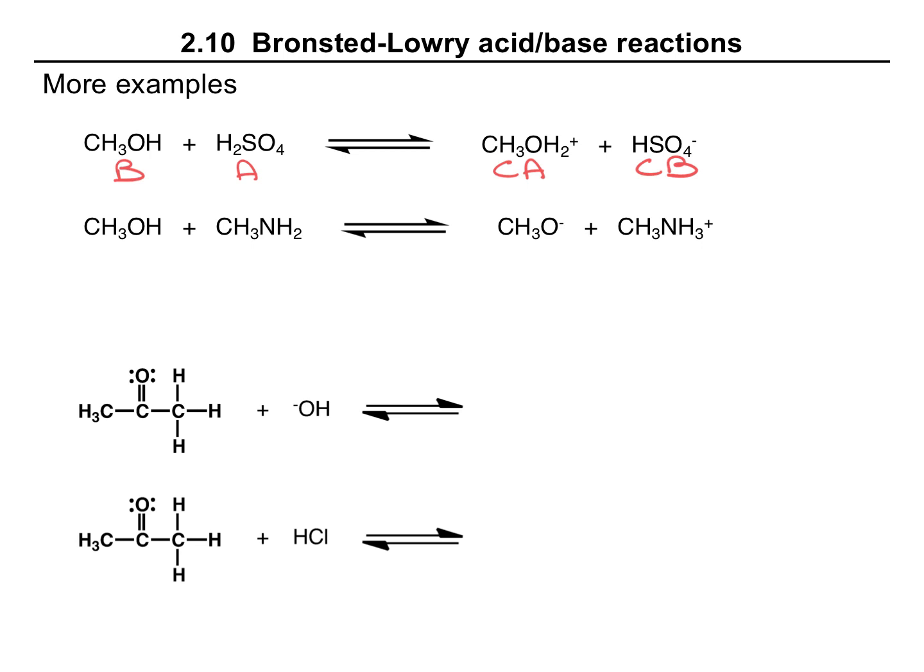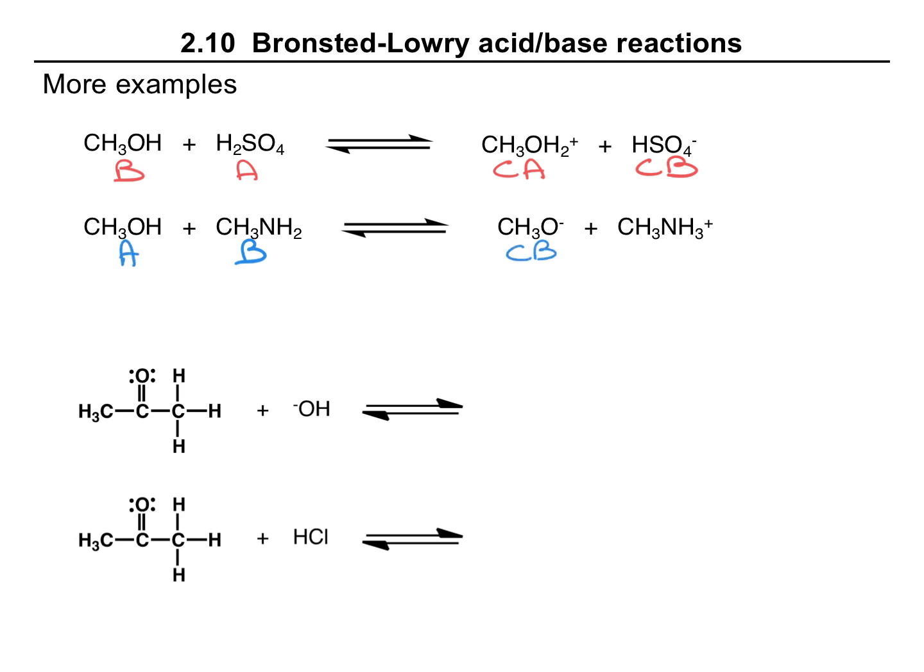In our next example, we are again using methanol, but this time we are reacting it with methylamine. We have the nitrogen here, and the nitrogen is going to act as the base. This is going to grab off a proton from methanol, resulting in methoxide, CH3O-, and the methyl ammonium ion. So in this case, this is our base, and this is our acid.